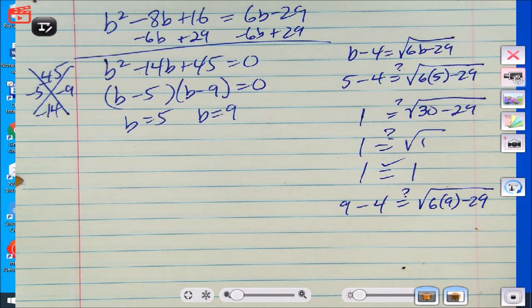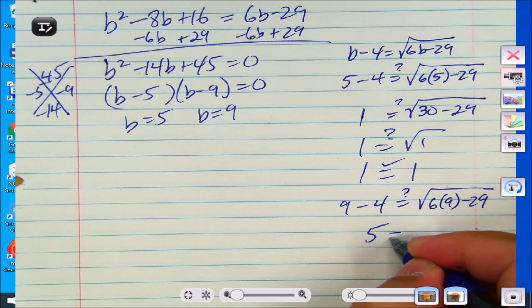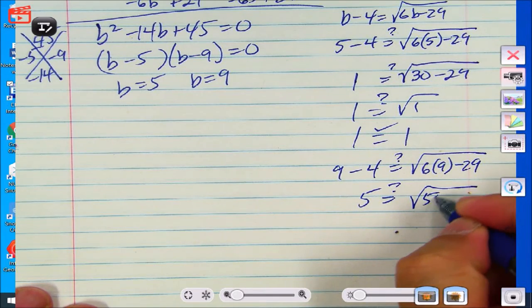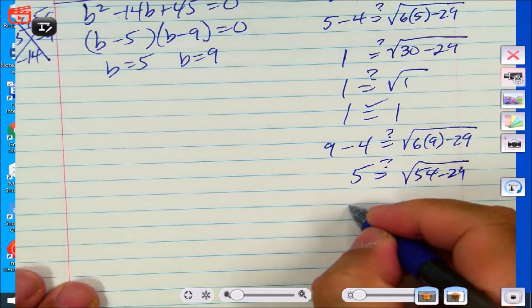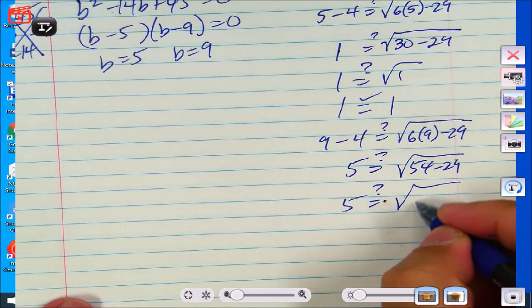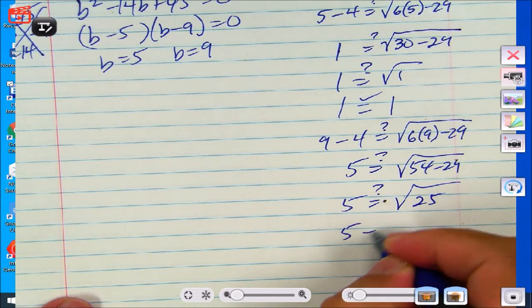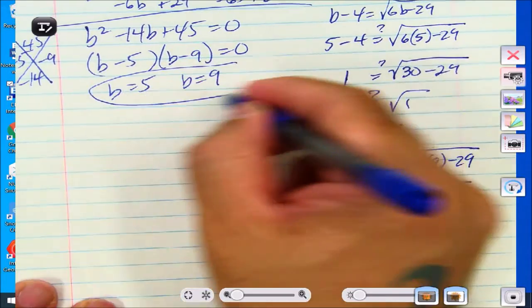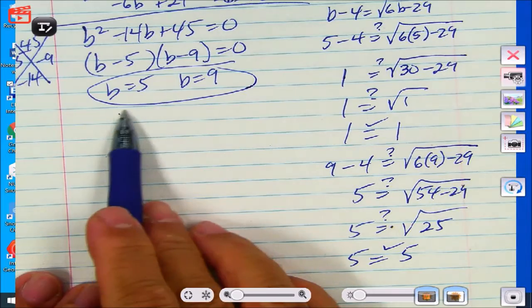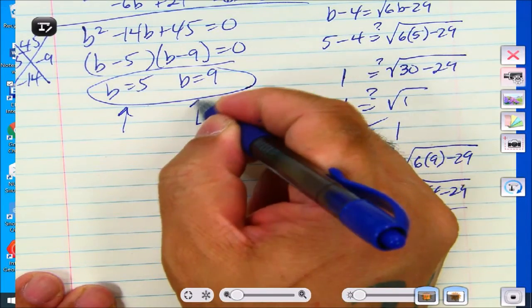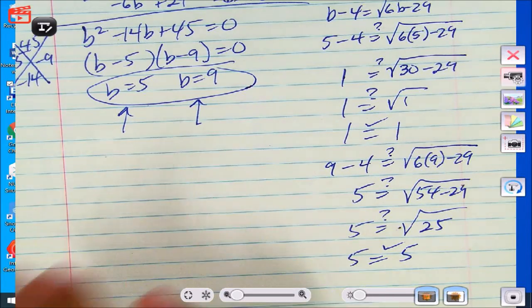We're about to find out. 9 minus 4 is 5. 6 times 9 is 54, minus 29. 54 minus 29 is 25. What's square root of 25? So that worked. So it has both answers. So go back and circle your answers or highlight them, or say yes, accept both of them. Something to let me know those are my answers.